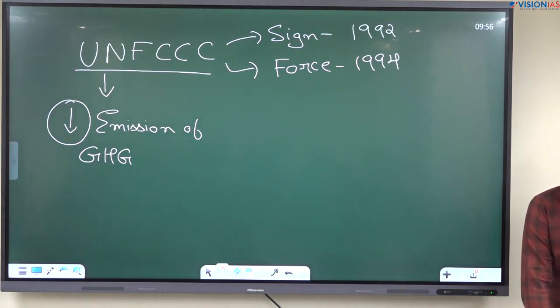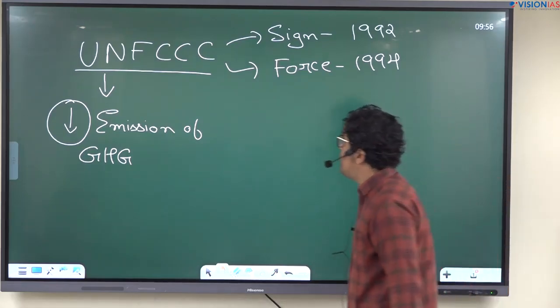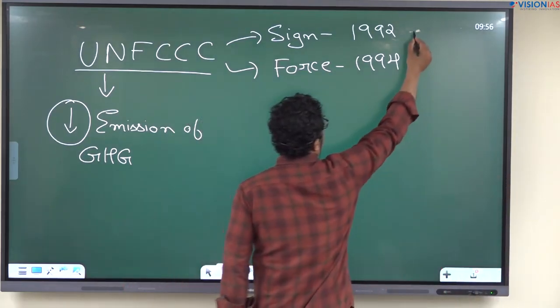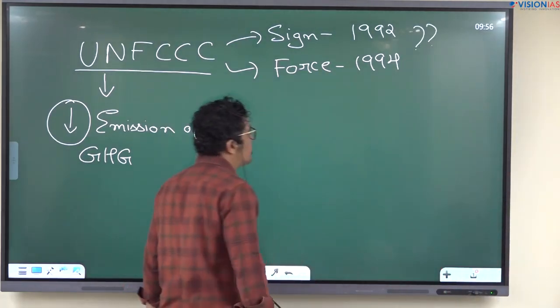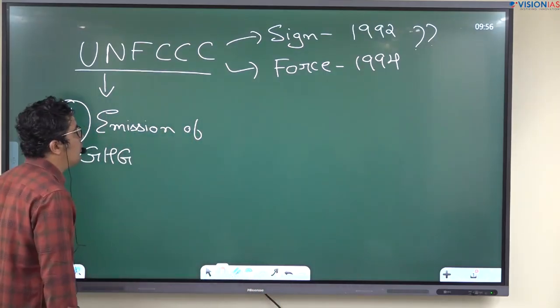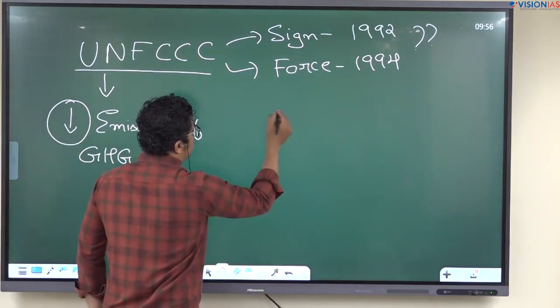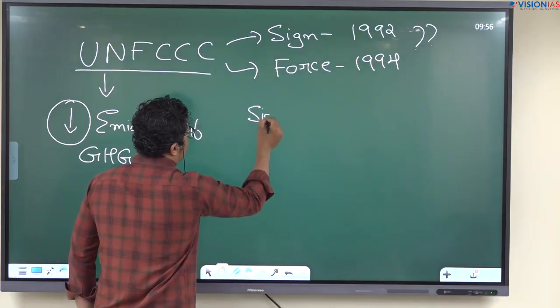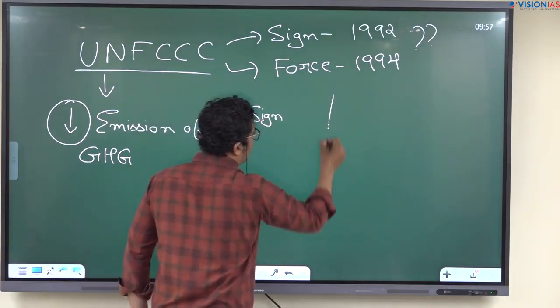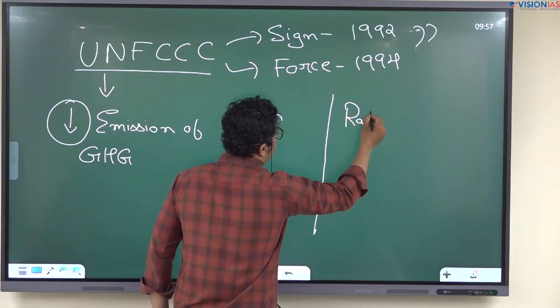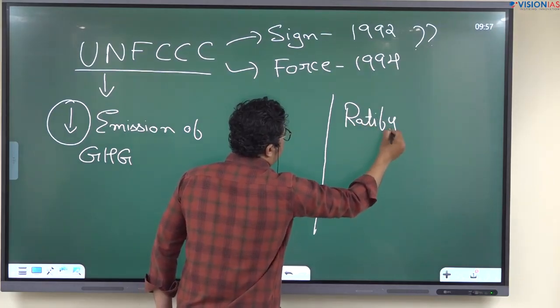Okay, so UNFCCC came into force in 1994. So why is there a gap of 2 years? Why did it take 2 years to come into force? See, there are 2 processes. First, signing a document. Second is ratifying a document.